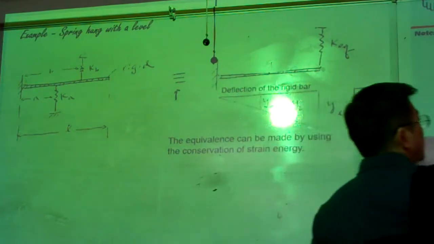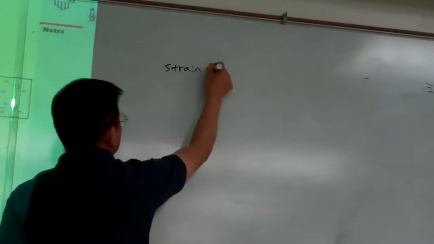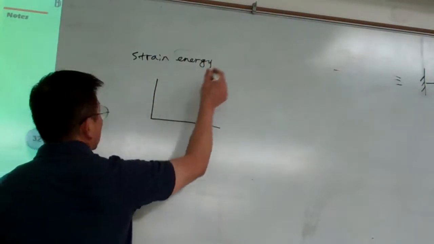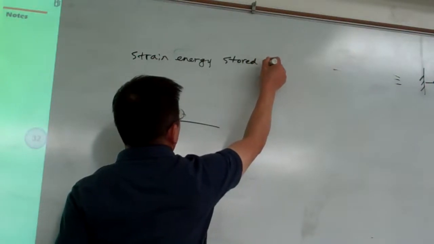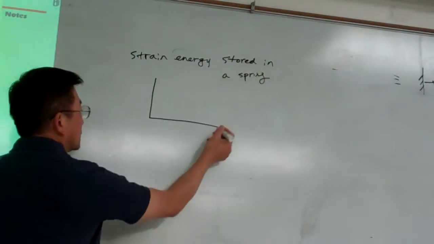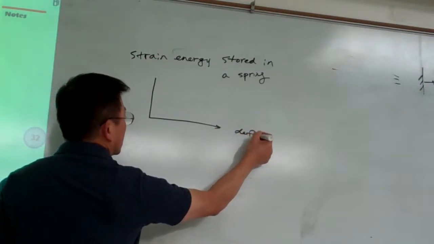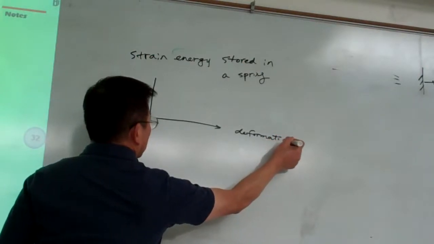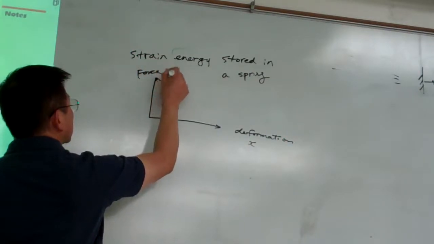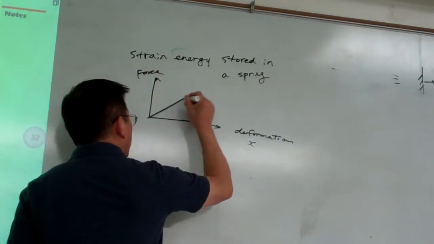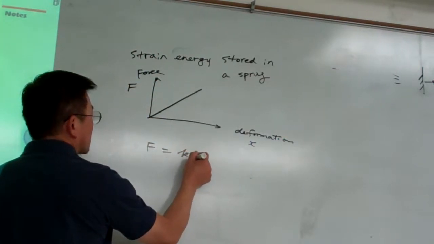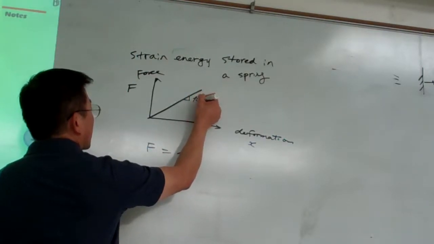The strain energy stored in a spring is such that, say this is the deformation, let me call it X, and this is the force. By Hooke's law, we know it's a linear relationship, F equal to Kx, so the slope is equal to K.